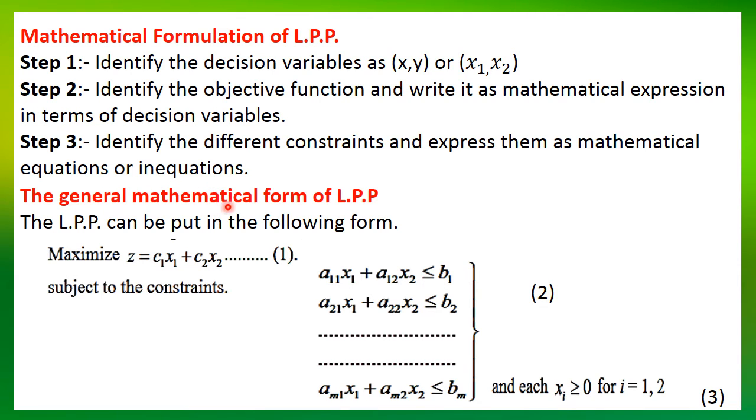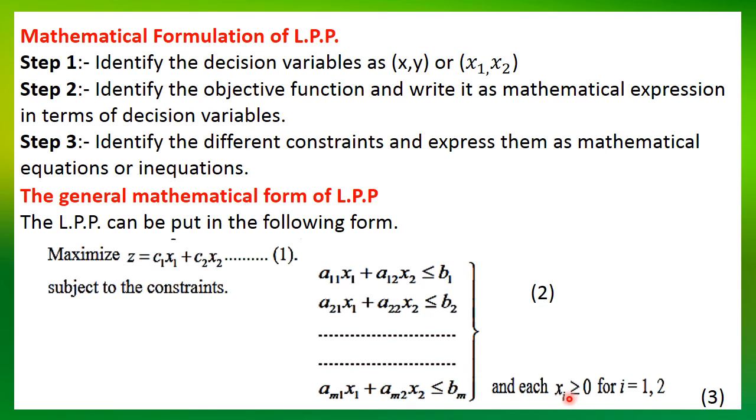Now, the general mathematical form of LPP is: maximize z is equal to c1 x1 plus c2 x2, which is taken as equation number 1, subject to the constraints. The constraints are a11x1 plus a12x2 less than or equal to b1, a21x1 plus a22x2 less than or equal to b2, etc., am1x1 plus am2x2 less than or equal to bm, that is, m constraints are considered here.